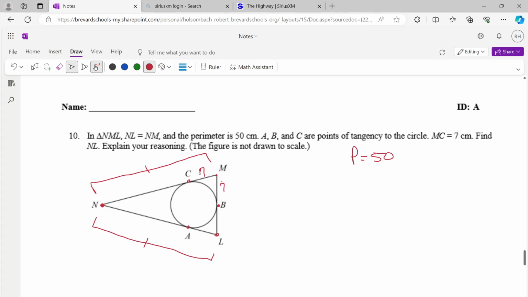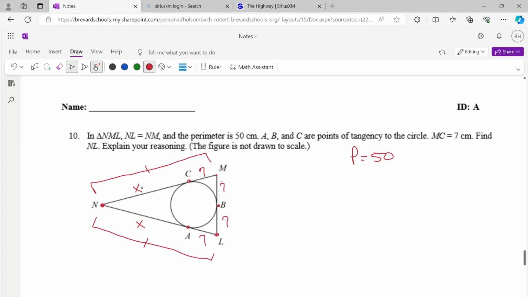Now, if we were to put an X where N to C is, if these two sides are congruent to each other, then N to A has to be equal to X, and A to L has to be equal to 7. That makes both sides equal to X plus 7. And if LA is 7, then L to B is 7.